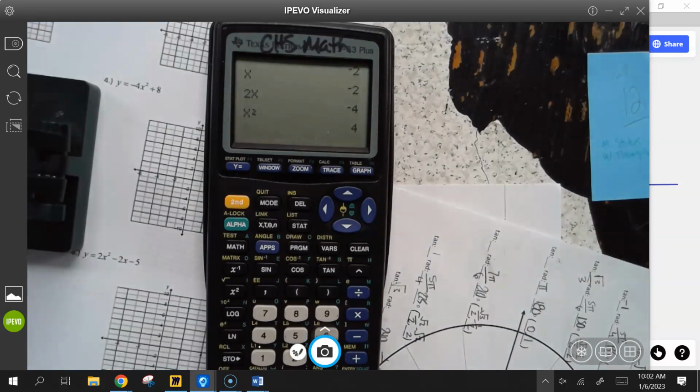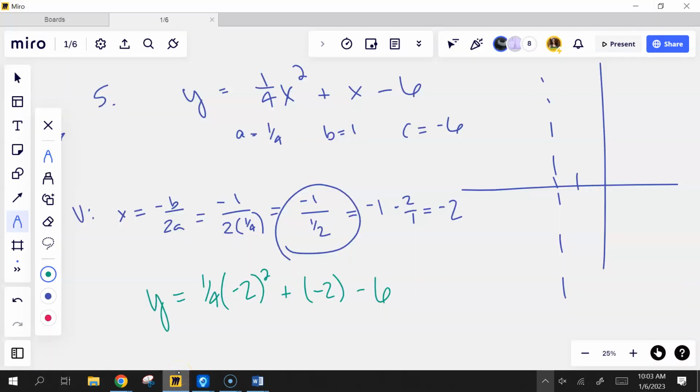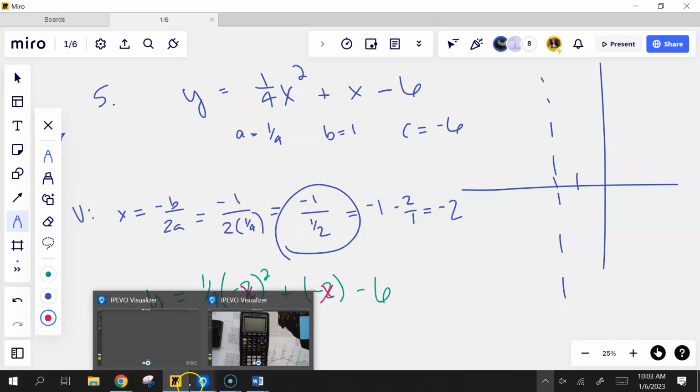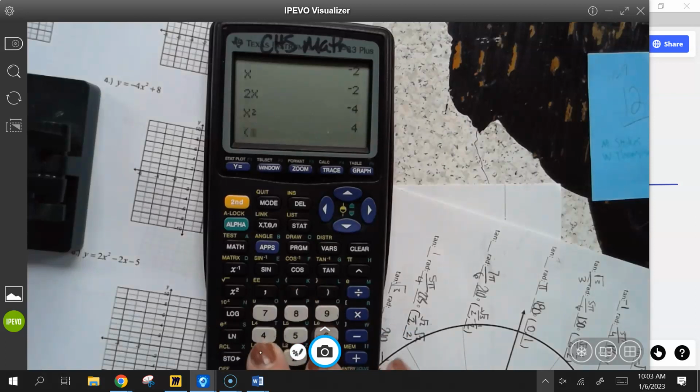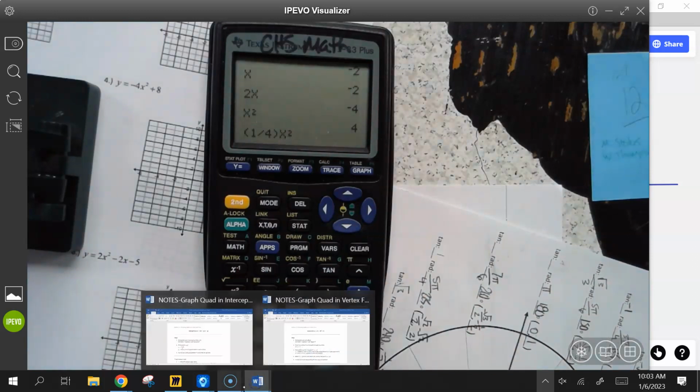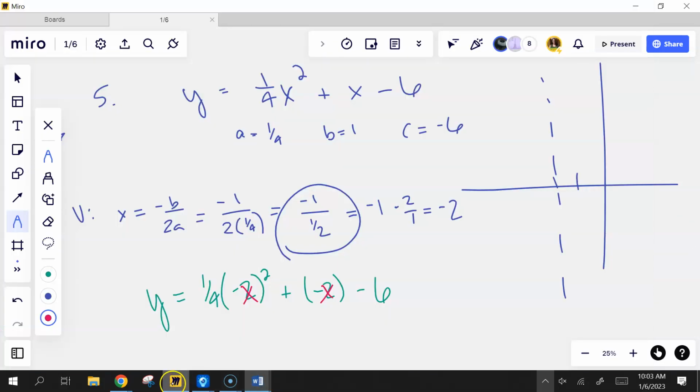You've got 1/4 times -2 squared. What if I store this as x and then in my calculator I just type 1/4 x squared plus x minus 6? Right? Are y'all following me, or is this no bueno?